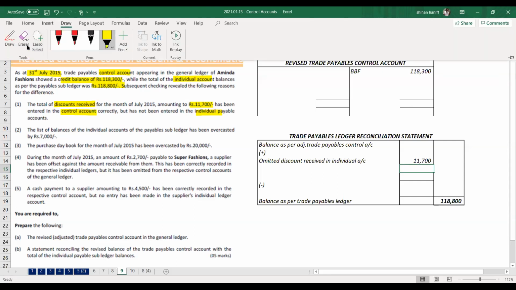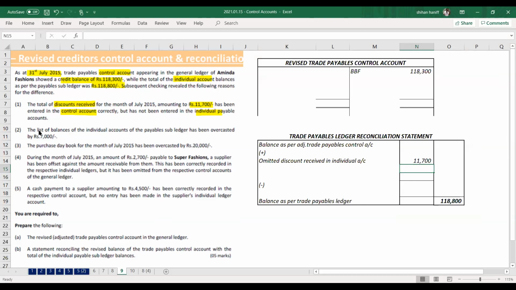Number two. The list of balances of individual accounts of the payable subledger has been overcasted by 7,000. So the individual balance is overcasted. Tell me whether it's a plus or minus.